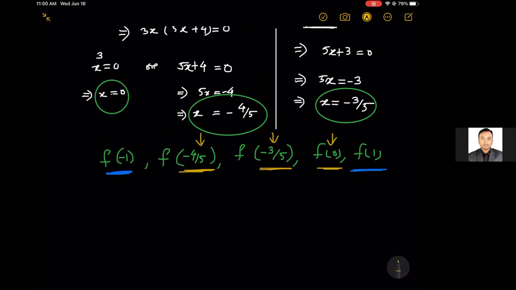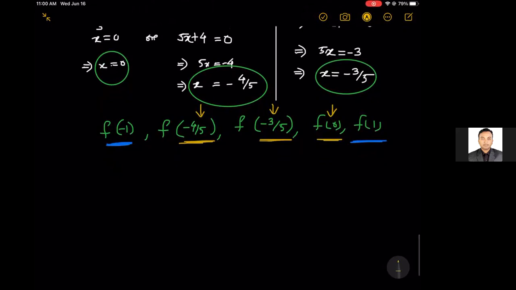From the first group, did you get the same 3 critical points? Yes, sir. Okay, perfect. And where did you get the maximum point from group 2?